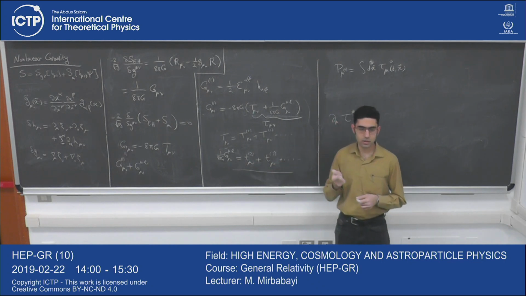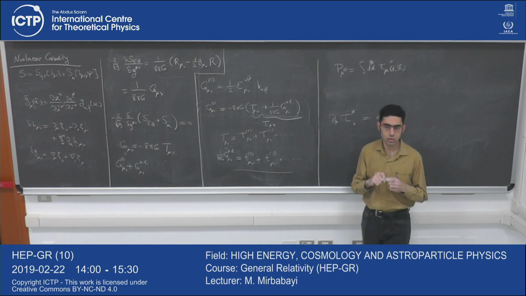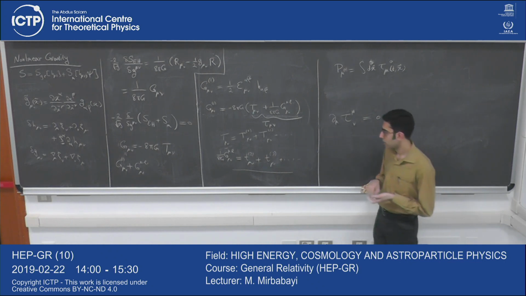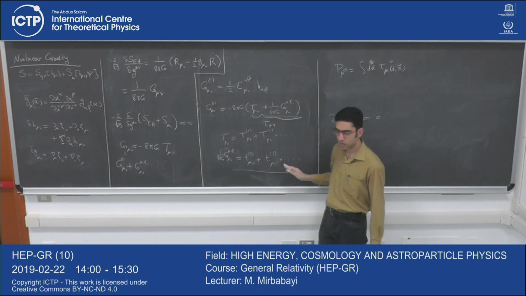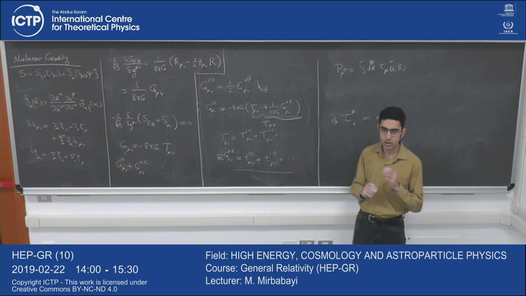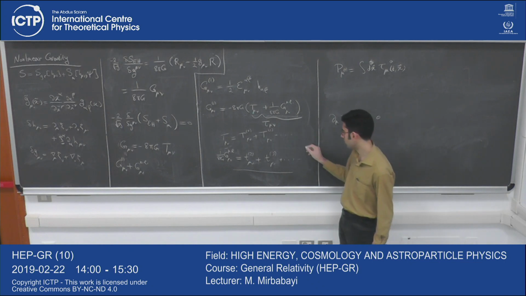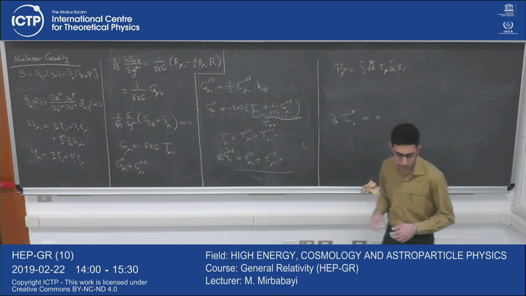Now, using these diffeomorphisms, at any point we can set that h mu nu to 0, and also its derivative to 0, which means that at any point we can just set this whole expression to 0 using some diffeomorphism, for some good choice of xi parameter.